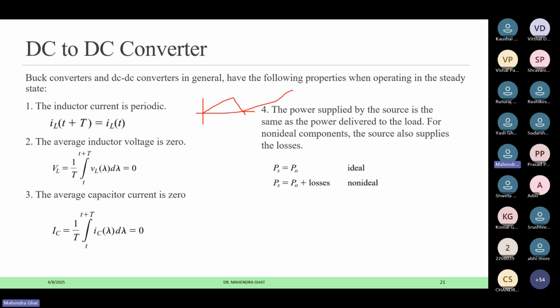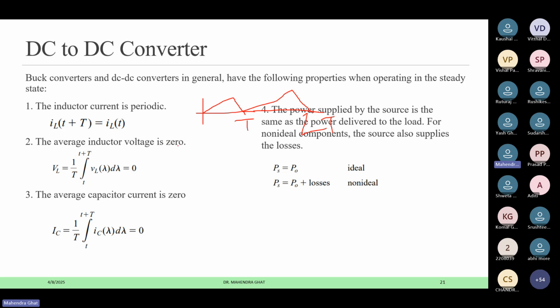Again it is increasing and coming to the same level. That is called periodic. So IL at T, then 2T, we consider as periodic. So our inductor current is periodic, and that is one assumption we are making.